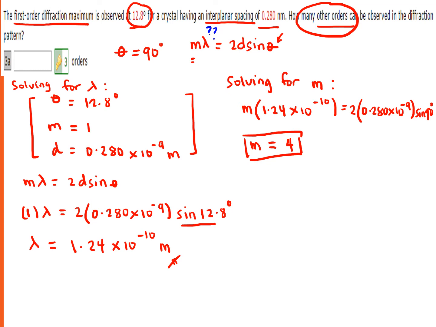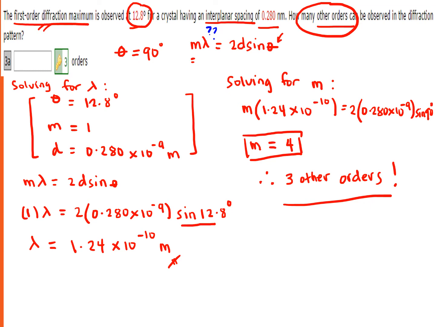Since we are already given that we could see a first order diffraction maximum, therefore there are 3 other orders of the diffraction pattern.